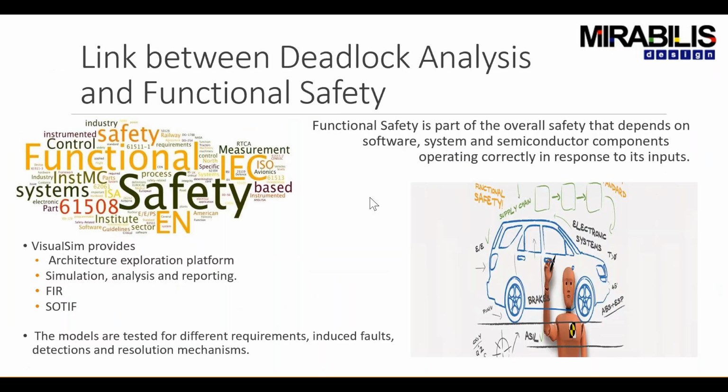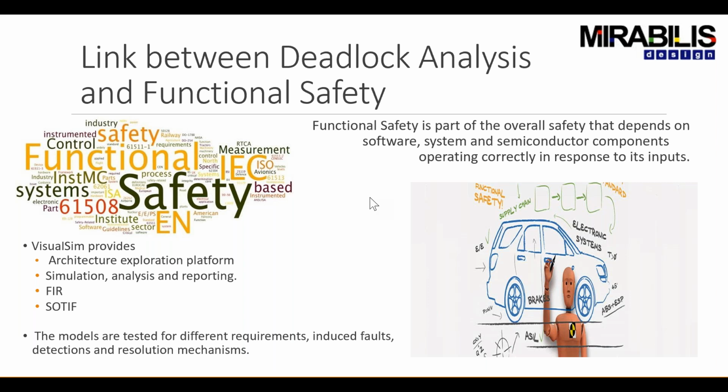One of the things to look at for functional safety is how functional safety plays a role in my design, and what aspects have an impact on functional safety. What we've seen is that deadlock analysis is probably the first stage of functional safety, where we're looking at the architecture of the platform and using simulation analysis to give it an overall safety metric, or a safety number.